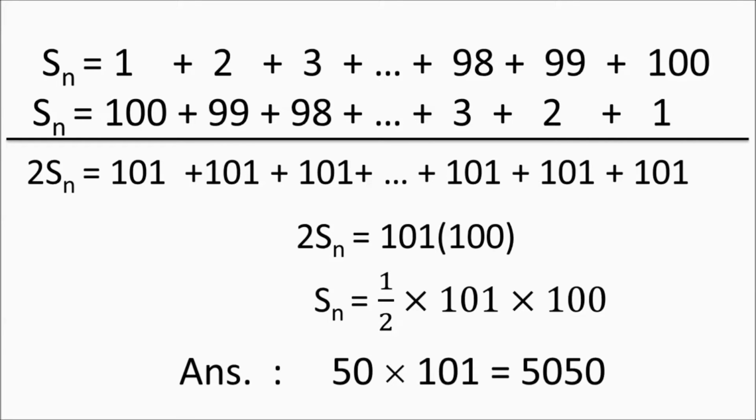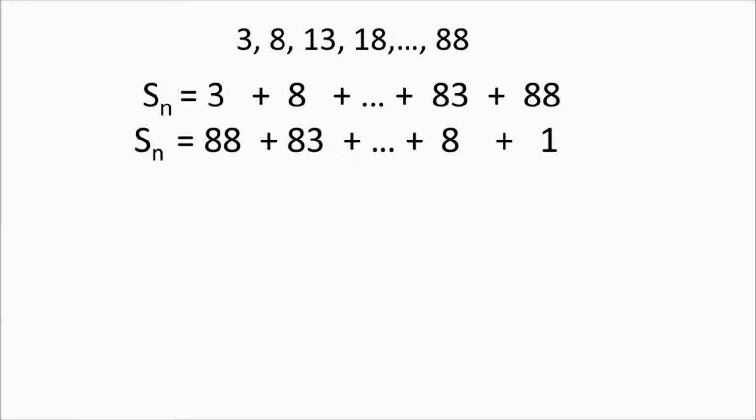The same problem can be solved like this also. 3, 8, 13 is an arithmetic progression where the first term is 3, the common difference is 5, and the last term is 88. Now, the sum of n terms is 3 plus 8 plus up to 88. Because addition is commutative, we can also write it as 88 plus 83 up to 3.